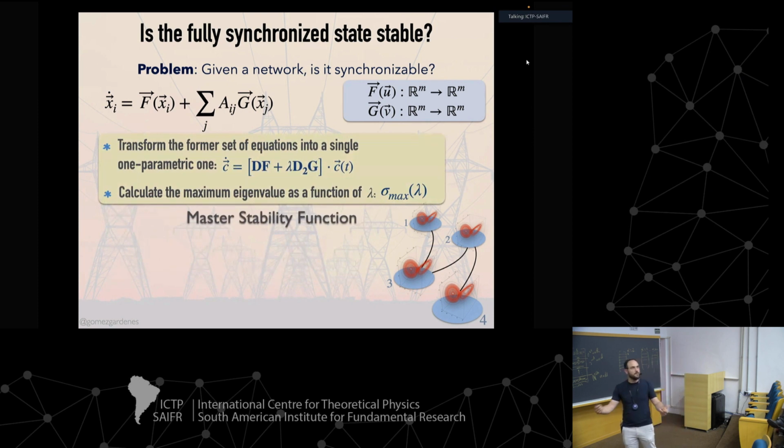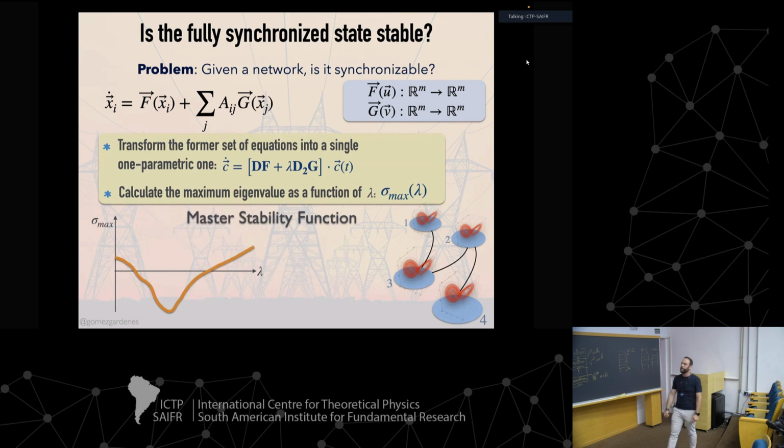In this case, for the fixed point. So what we have is just a function. For each value of lambda, I have a maximum eigenvalue, and I plot the value of this maximum eigenvalue as a function of lambda.